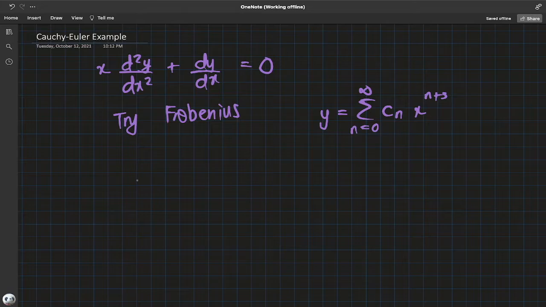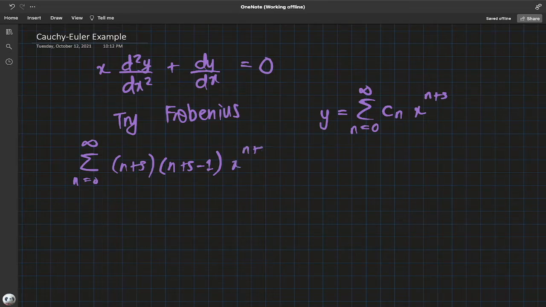So we can plug that in, and notice we have the sum from n equals 0 to infinity of n plus s times n plus s minus 1 times x to the n plus s minus 1, plus the sum from n equals 0 to infinity of n plus s times x to the n plus s minus 1, equals 0.